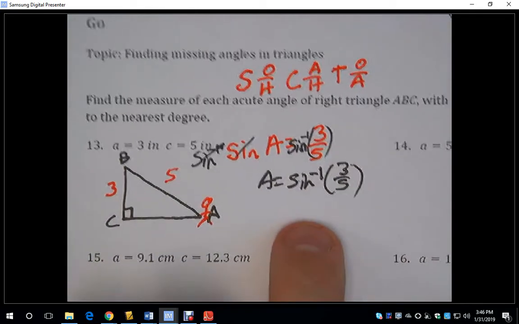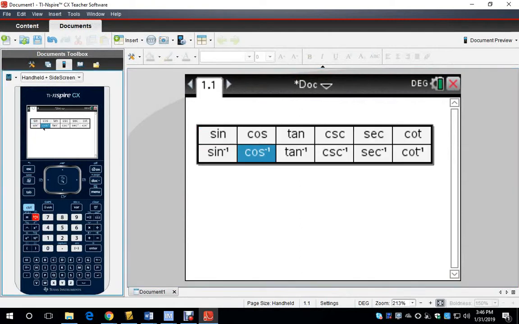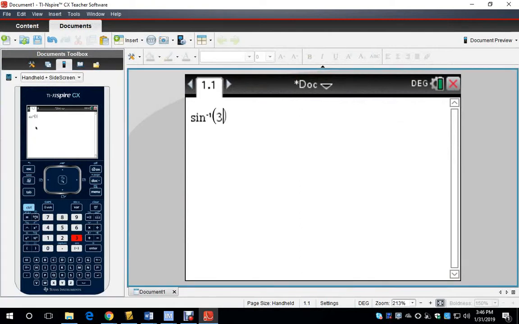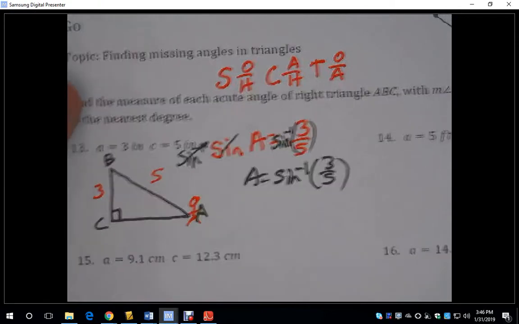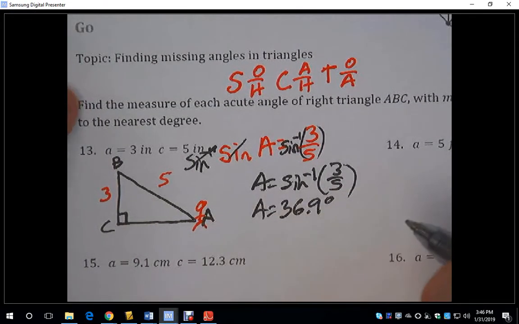And I'm going to just throw this into my calculator. The inverse of sine of 3/5 gives me 36.9 degrees. So A equals 36.9 degrees.